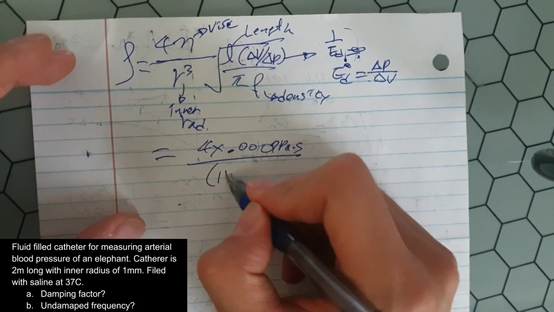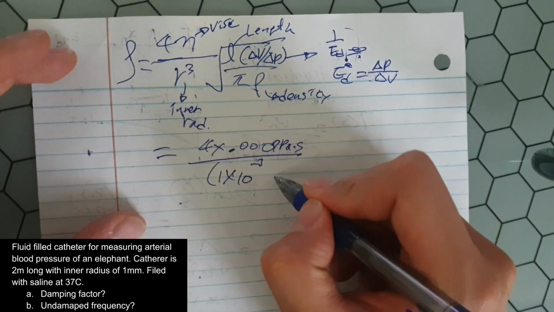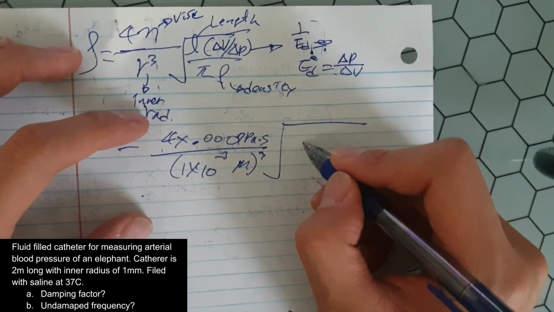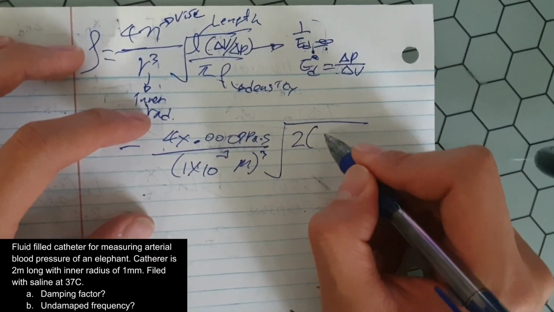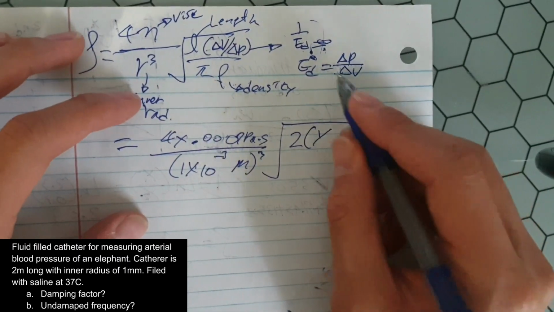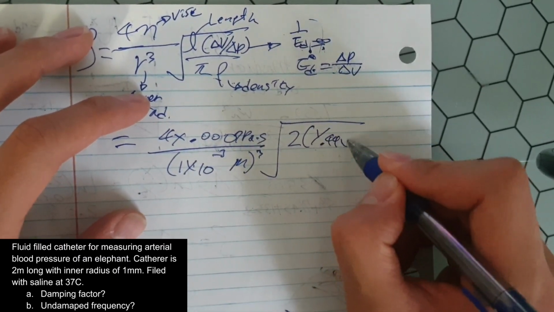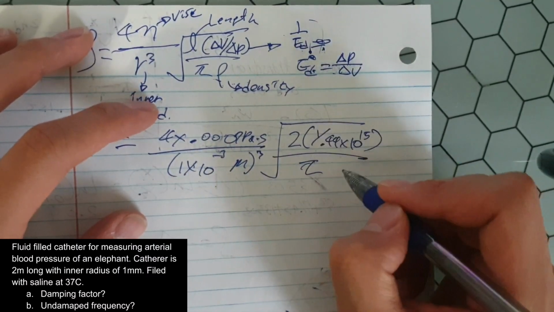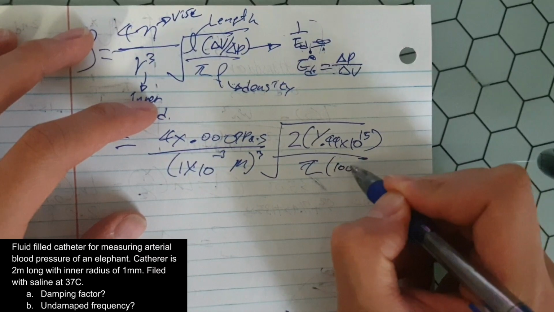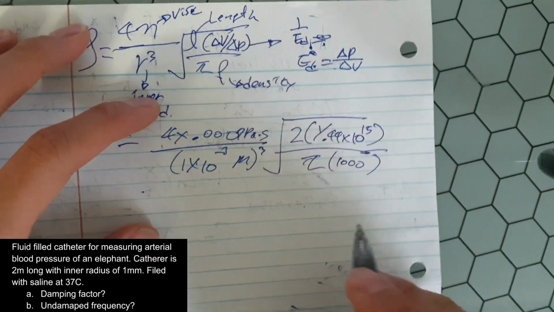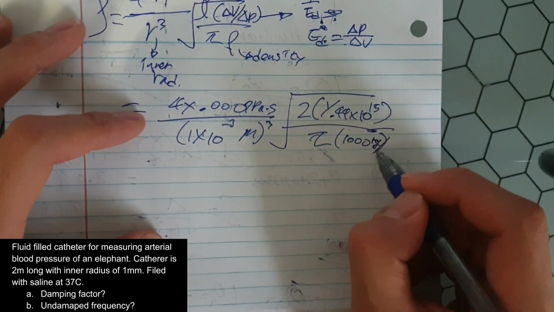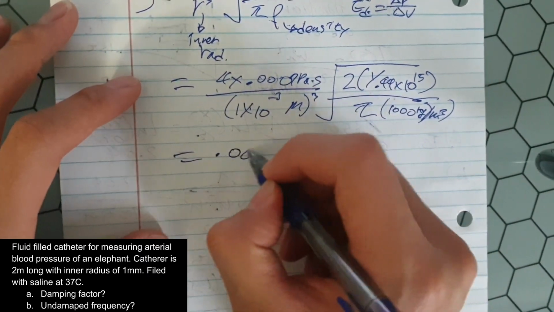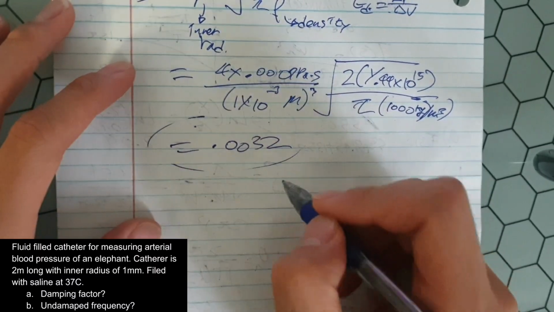So I'm going to use 1 times 10 to the negative third meter cubed, and then length is 2 meters, and then the reciprocal of the ED, which is 0.49 times 10 to the power of 15, and pi times density, which is 1000 kilograms per cubic meter. If you solve this out, you should get something like 0.0032, and that is the damping factor.